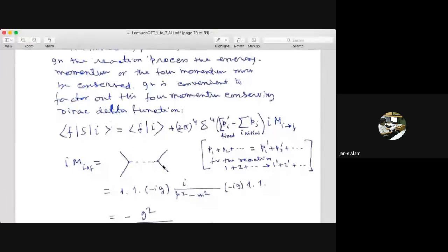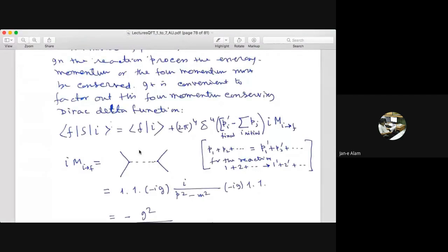Correspondingly, momentum P1 and momentum P2 will interact and give you P1 prime and P2 prime. Two phi will meet, give me a small phi, that will propagate from this point to that point and again produce capital phi and capital phi bar.